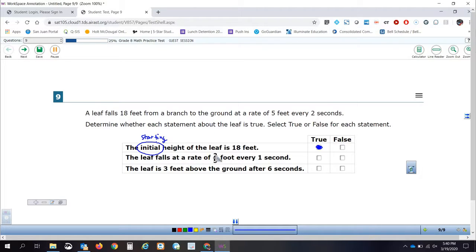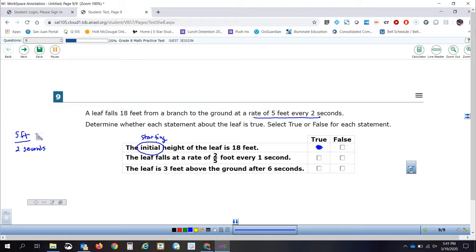The leaf falls at a rate of 2/5 of a foot every 1 second. All right, so let's take a look at the rate they gave us. They gave us a rate of 5 feet every 2 seconds.